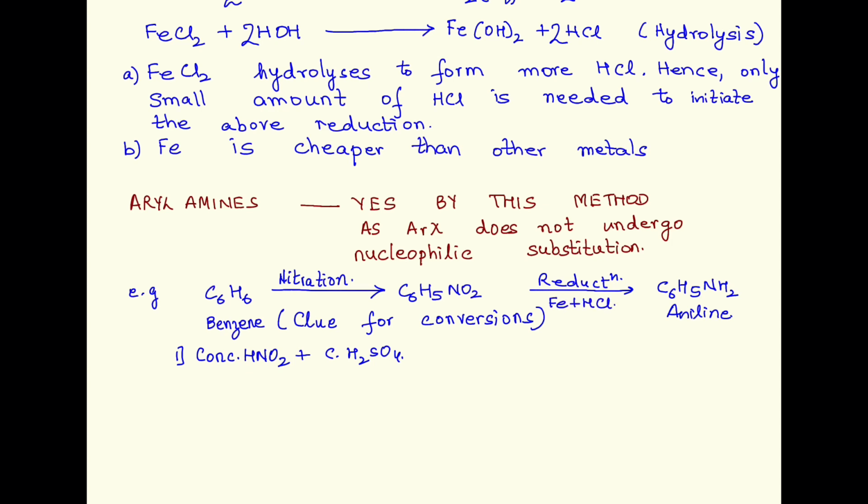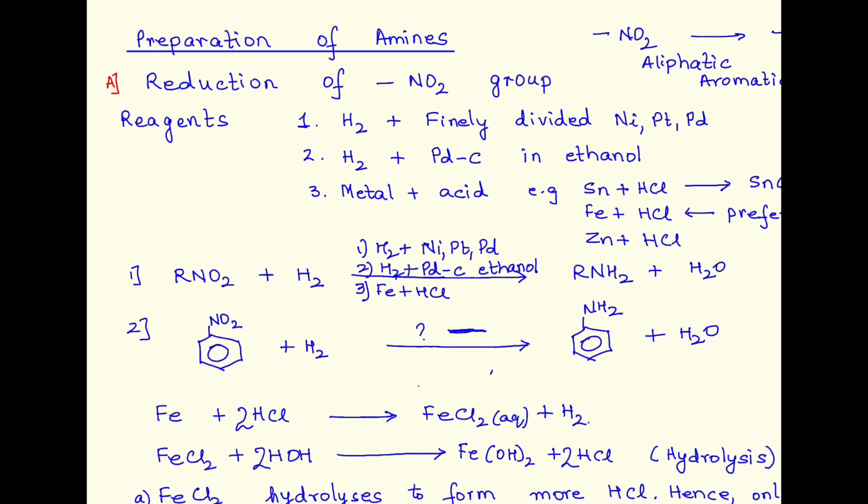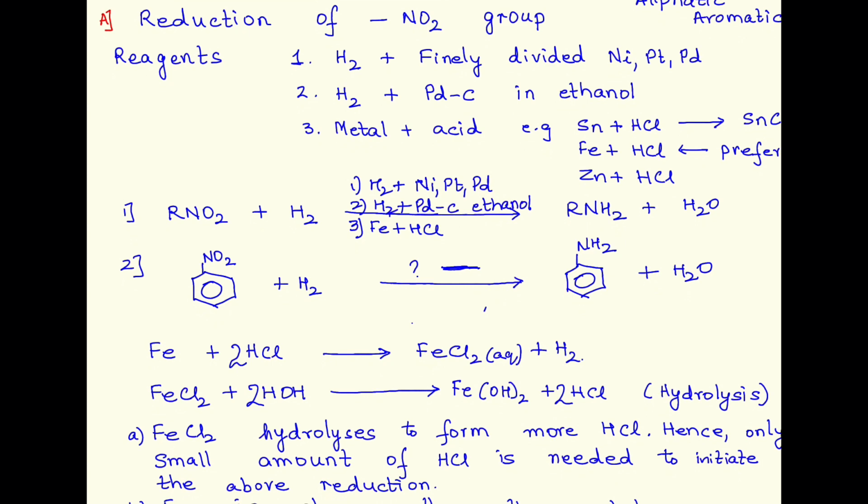Why I am taking this example is, now that we are coming to the end of the topics of organic compounds, these types of reactions which we are studying under the heading of preparation can also be used to carry out conversions. So it's not necessary that you will be asked how do you prepare ethanamine or methanamine.